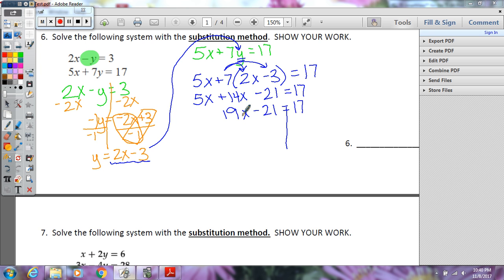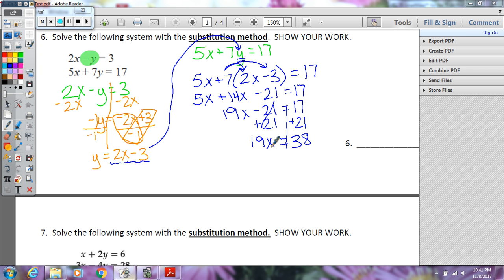So now, look at the side with the x. We need to get rid of this tag along, so we're going to get rid of minusing 21 by doing the opposite. We're going to add 21 to both sides. That gets me 19x is equal to, well, 17 plus 21. That's 38. Now go back.